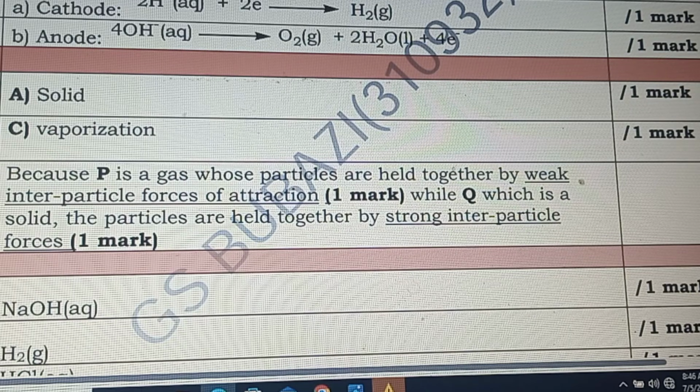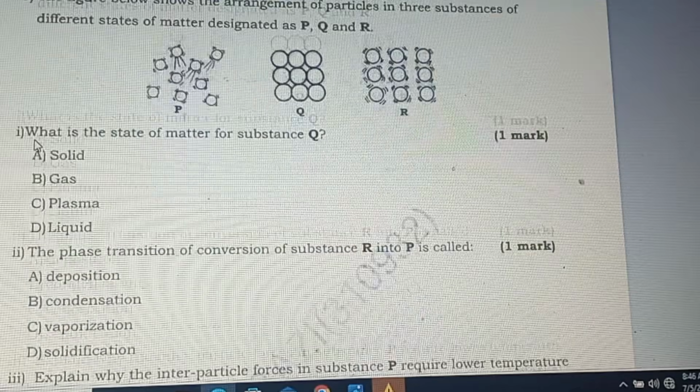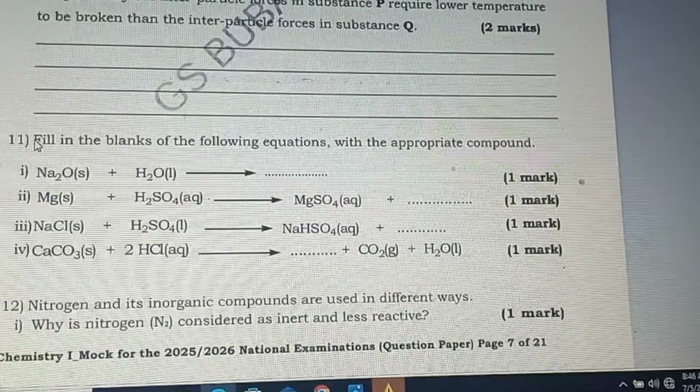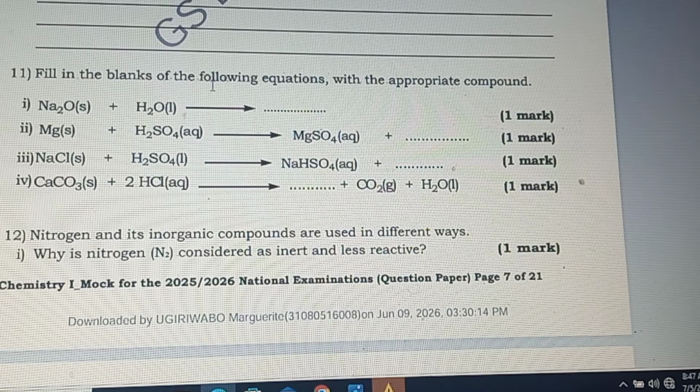Okay, let's continue with question 11. Fill the bracket of the following equations with an appropriate compound. Sodium oxide reacts with water to form sodium hydroxide.